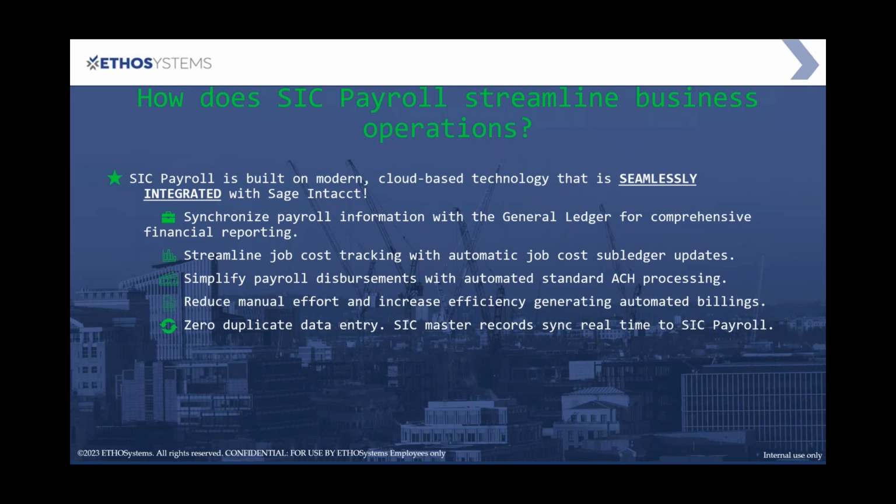So when we look at the Sage Intacct construction payroll, one of the reasons that we chose to white label within Sage Intacct was because we saw that there is a large opportunity to help the Sage 300 and Timberline customer base modernize. And so some of you may even be on the Sage 300 platform right now.